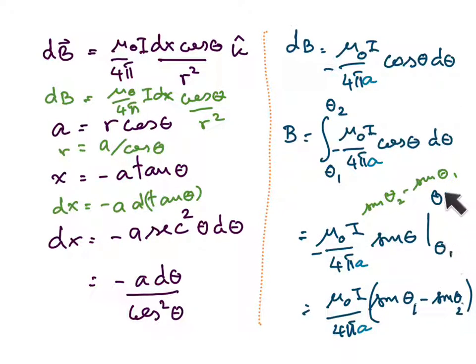You can see that the order of sin theta 2 and sin theta 1 swap because of this negative sign. So we have the closed form of the magnitude of the magnetic field like this. The direction, of course, is the direction of the unit vector k.